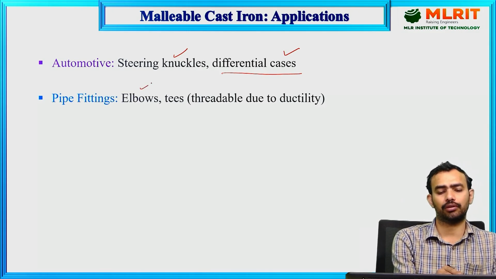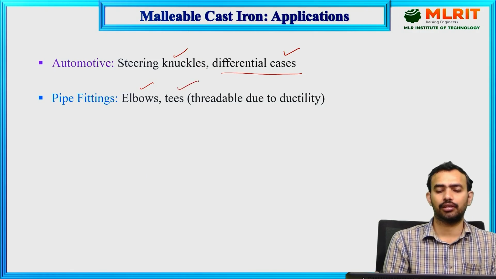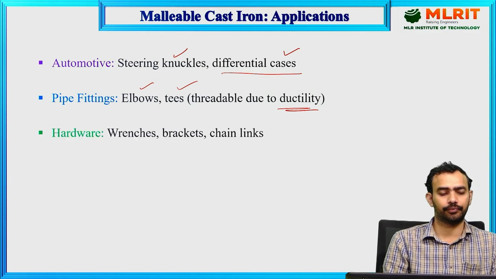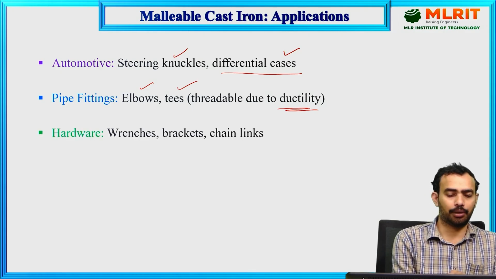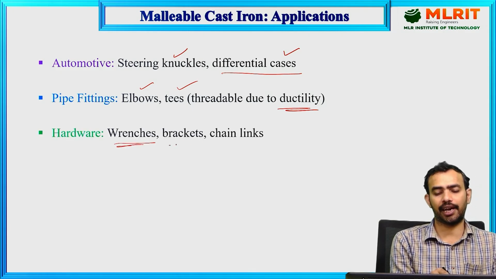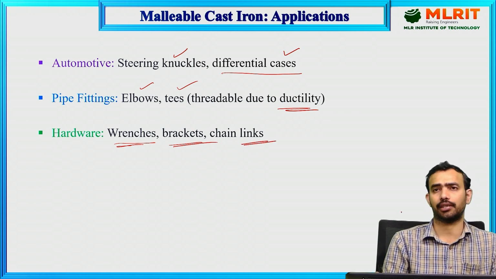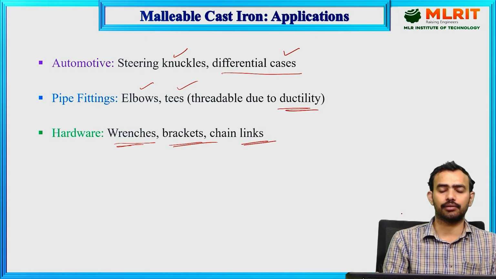Pipe fittings, elbows and tees, threadable ones, are also possible due to ductility. In the hardware segment, wrenches, brackets, and chain links are basically made out of malleable cast iron. So it offers good strength as well as being slightly flexible in nature, and machinable.